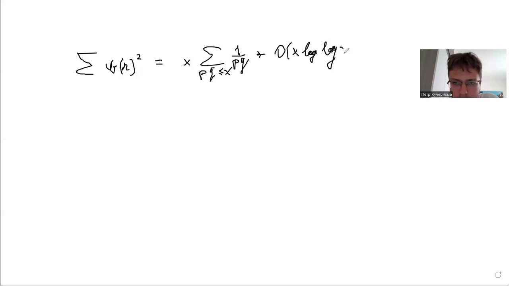And what we want to see is that the main term is the square of the double logarithm of x. If we prove it, we will find the asymptotic formula.